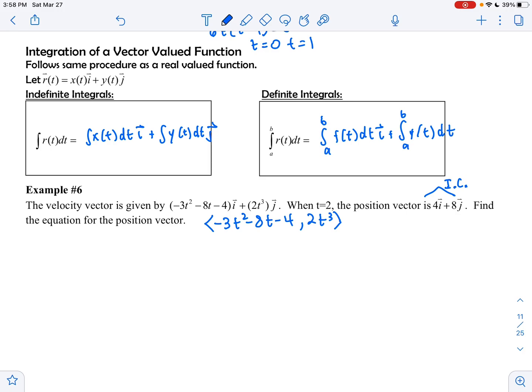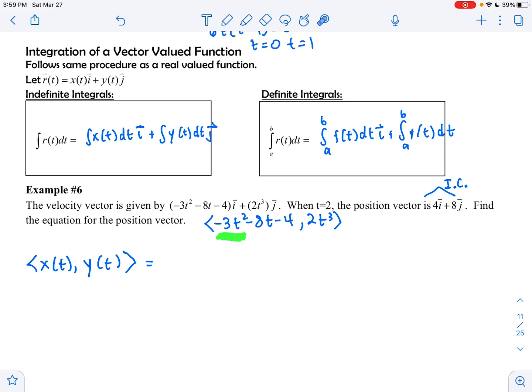So what we're going to do is simultaneously integrate the x and the y at the same time, remembering to add c such that we are solving for that. So let's say we're solving for x of t, y of t, and let's go ahead and integrate each one of those components. So let's start with this. What I'm doing is integrating term by term.